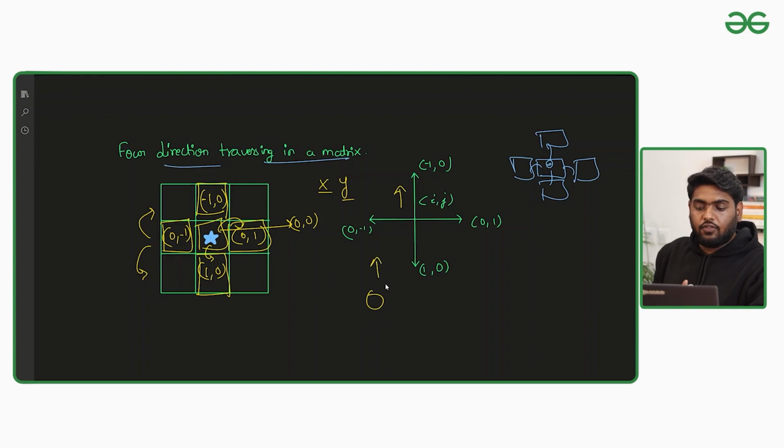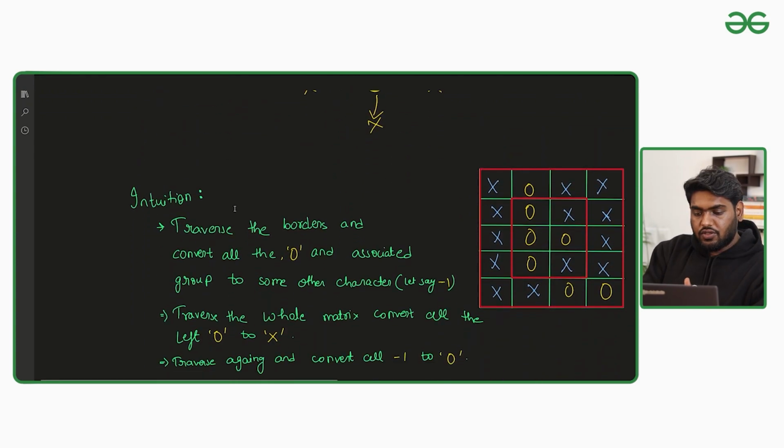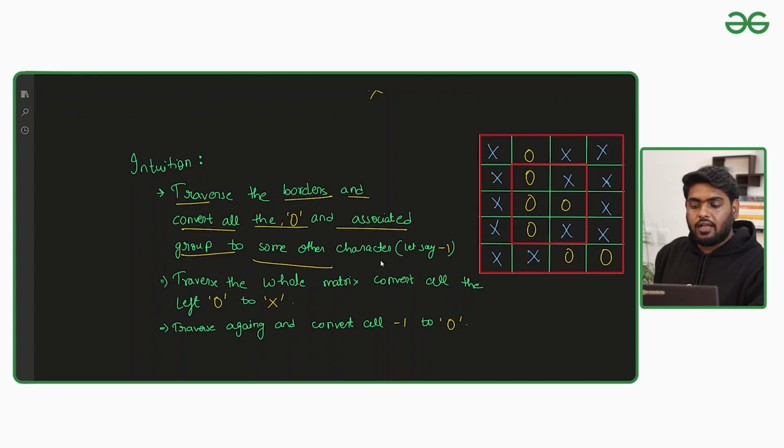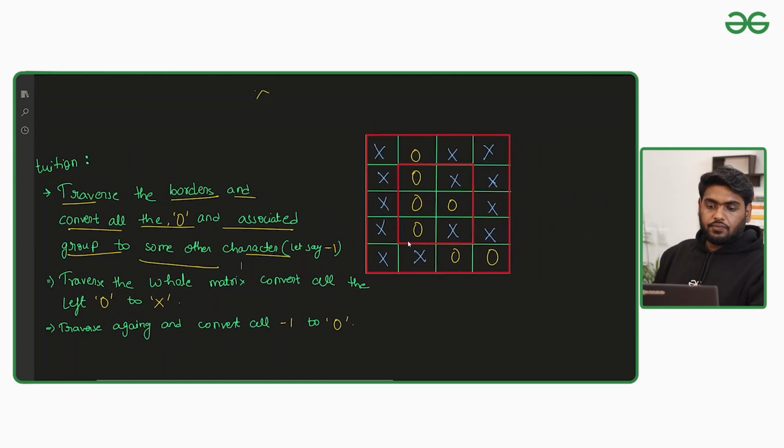We need to check in the 4 directions, with our O's, whether there are X's or not. So the basic intuition that anyone might have is, firstly, we have to traverse the borders and convert all the zeros and associated groups to some other character. Very basic thing.